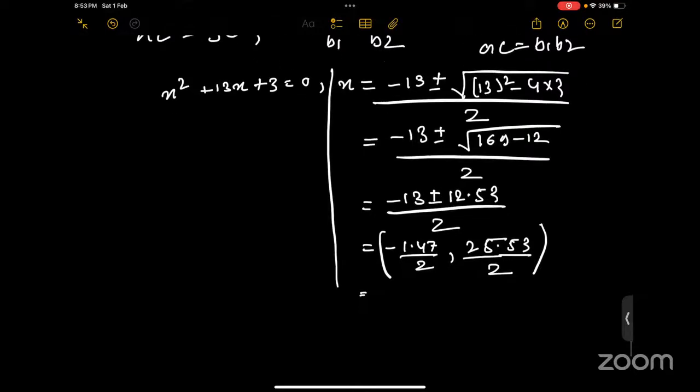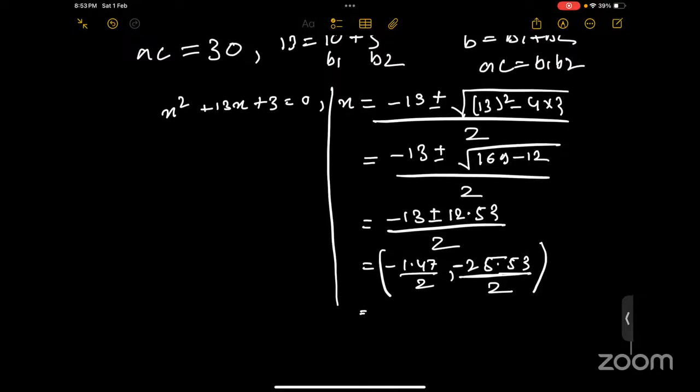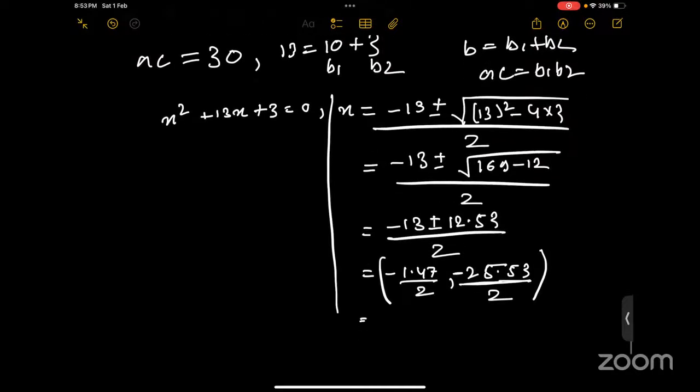Minus 25 by 2, yes, right. Both the roots are negative, right? So that's the thing. Sometimes you may do it with the FOIL method and this may come to your mind, but sometimes the roots are not that simple. In that case, you have to use this method to find the roots.